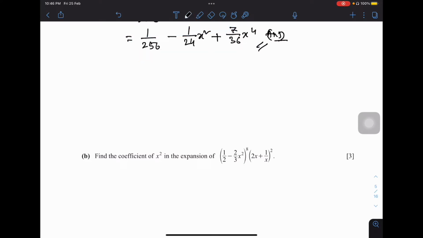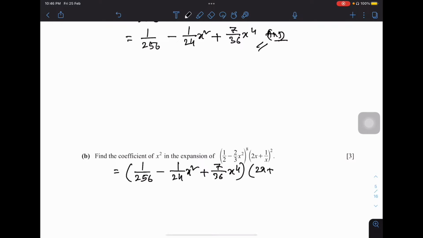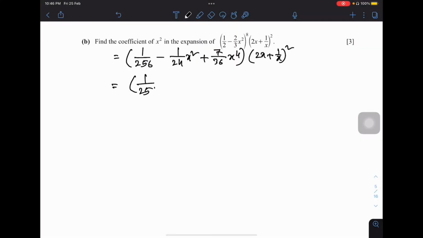So let me write here 1 over 256 minus 1 by 24 x square plus 7 by 36 x to the power 4 and then 2x plus half, I mean 1 by x whole square. So 1 by 256 minus 1 by 24 x square, keep as it is what I have done earlier.